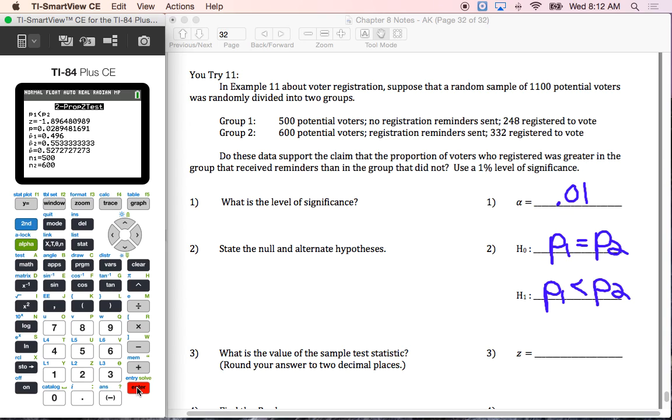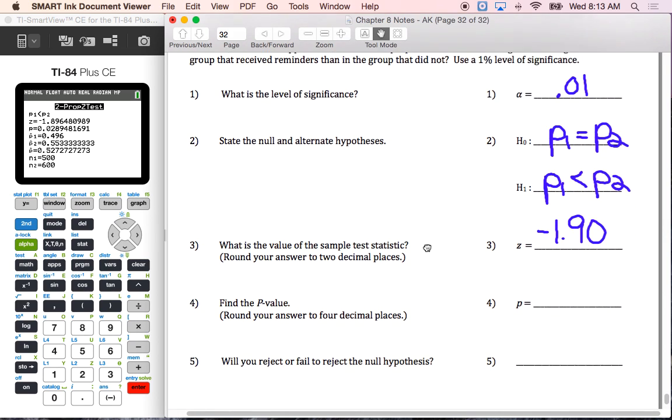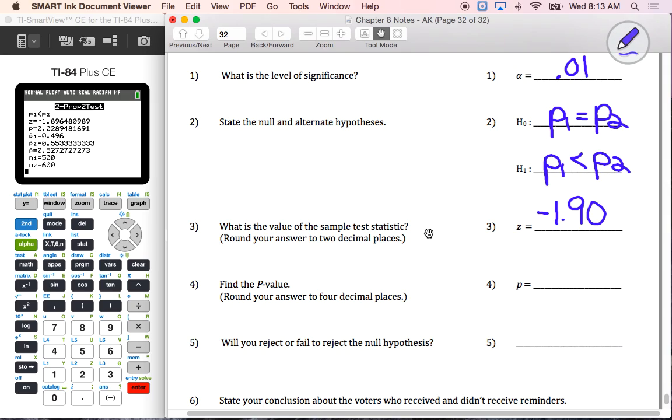So we've got a z then of negative 1.90, because if I round to 2. Your probability is 0.0289.